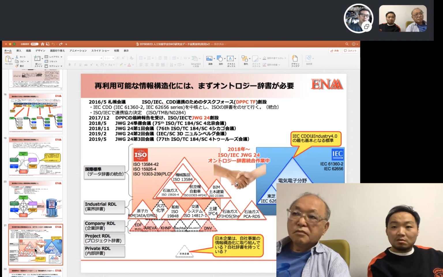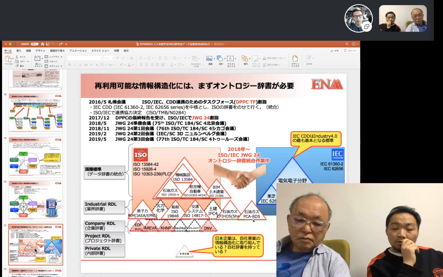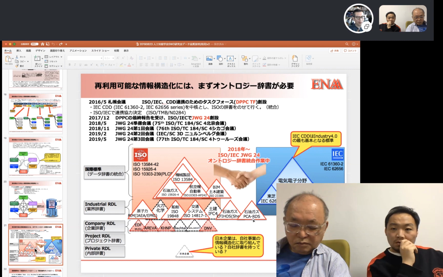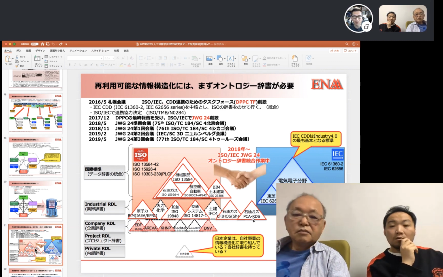It's hard to say at this moment, but we already have a dictionary for each industry, and they are gradually trying to merge already. In some specific industries, they are already able to use the merged dictionary.